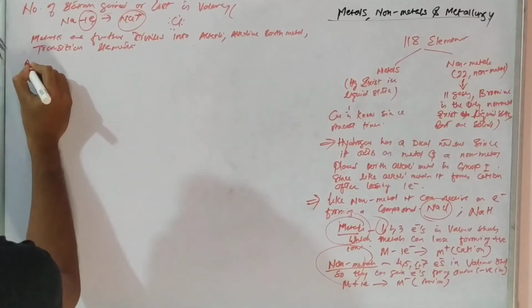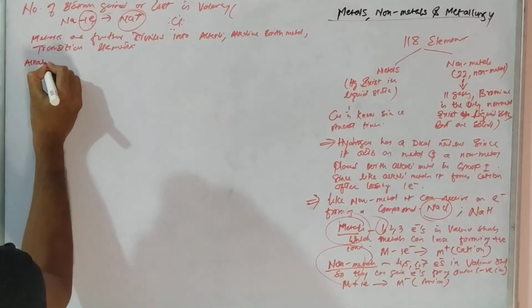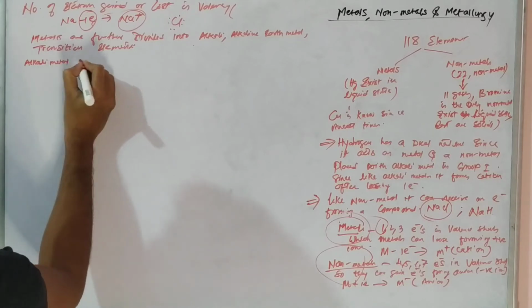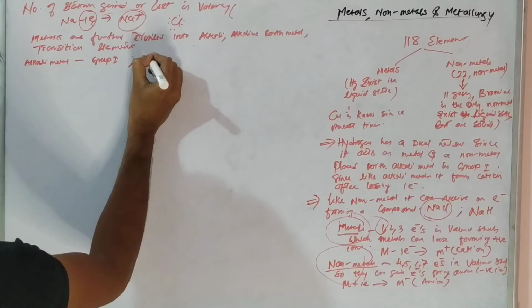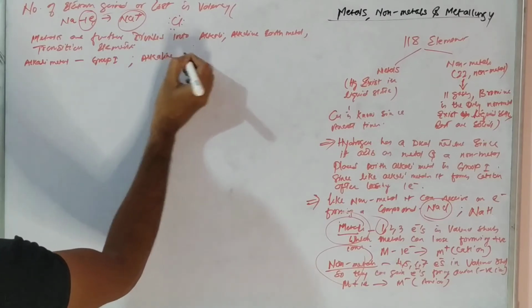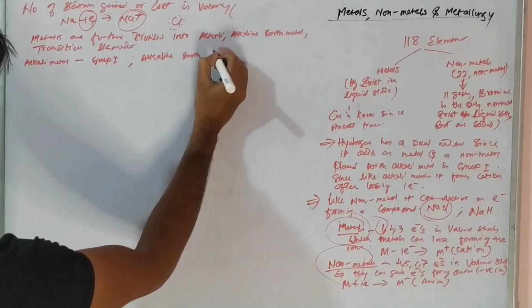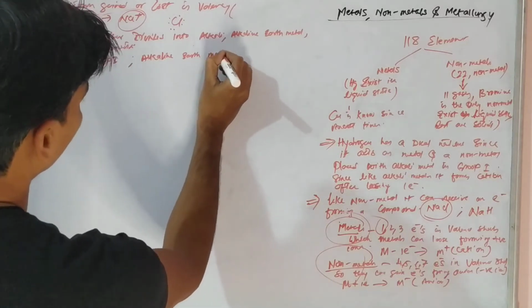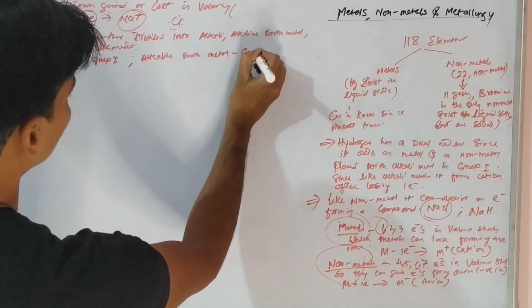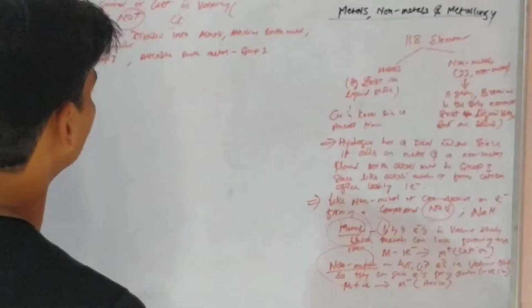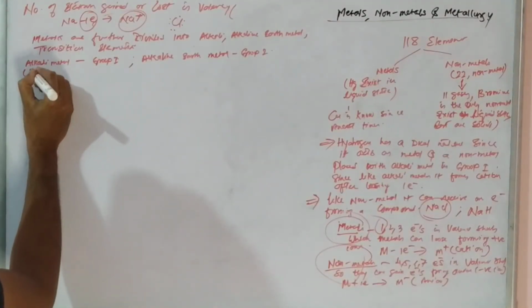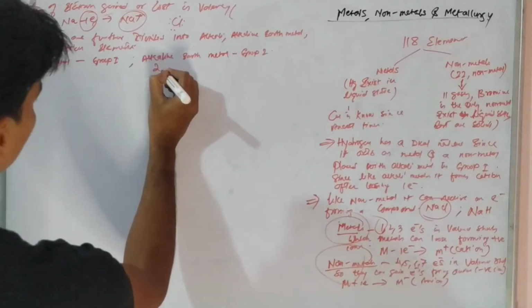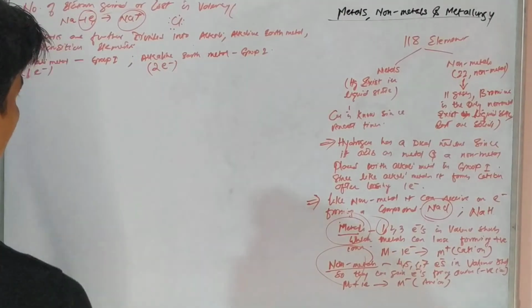So we say alkali metals belong to group 1, and alkaline earth metals belong to group 2. All alkali metals have 1 electron in their outermost shell. Alkaline earth metals have 2 electrons in their outermost shell.